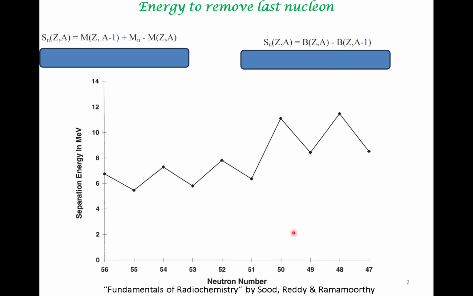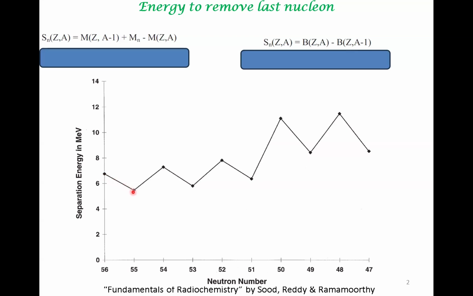As we plot the separation energy across the neutron number, what you see is this kind of variation. For a nucleus which has an even number of neutrons, the separation energy is greater.